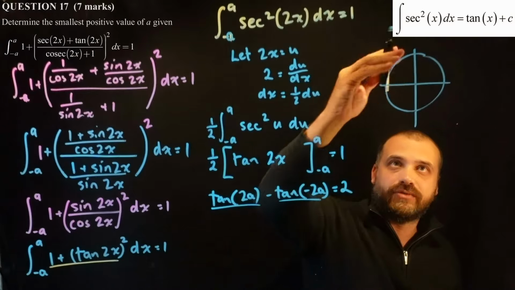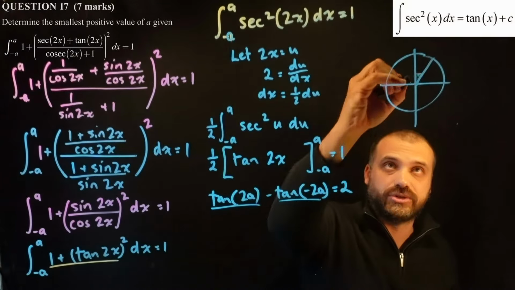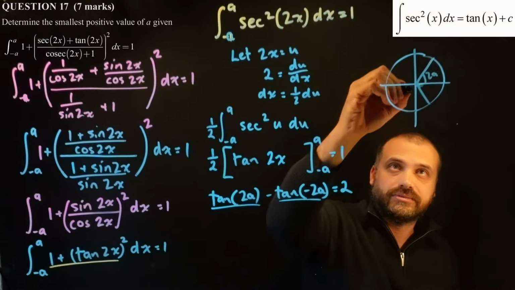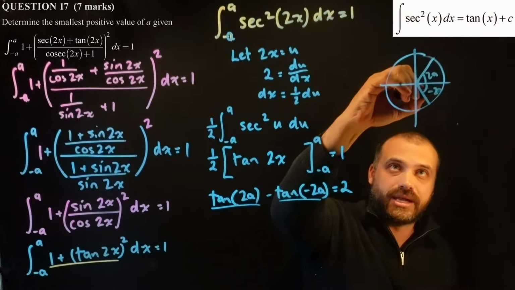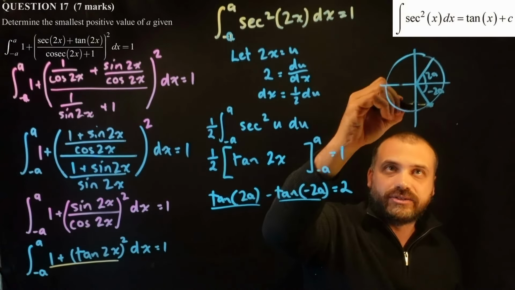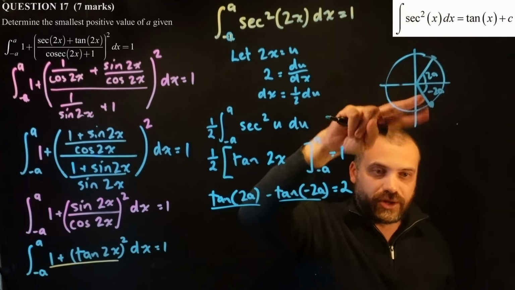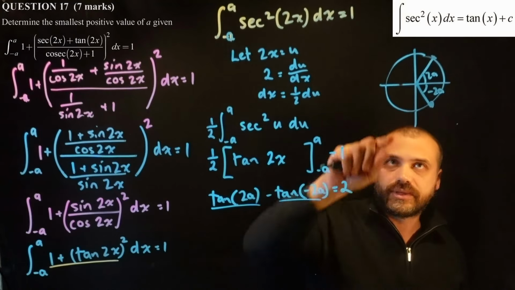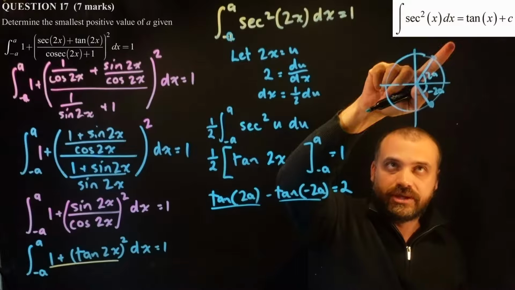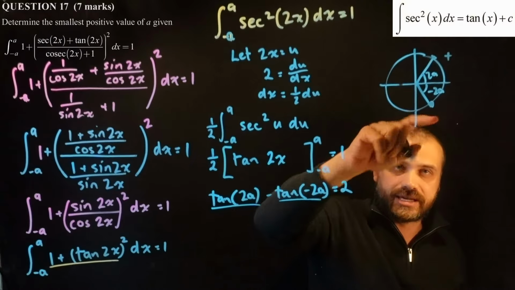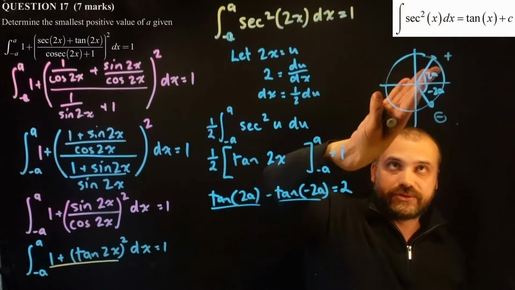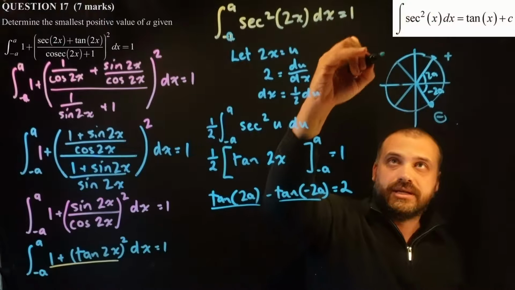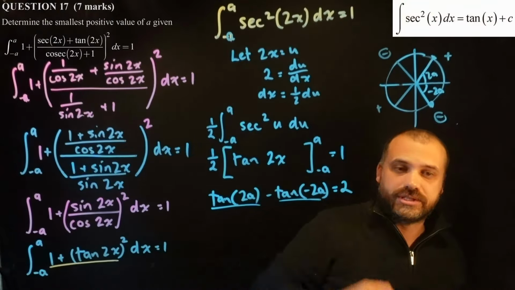If we did tan of an angle, let's just call that angle 2a, and let's call this angle an equal sized angle but negative, the absolute values of those are going to be equal. But tan is positive in this quadrant and tan is negative in this quadrant. And even if 2a was a larger thing, like over here, 2a was here and negative 2a was here, it's negative in this quadrant and positive in this quadrant.